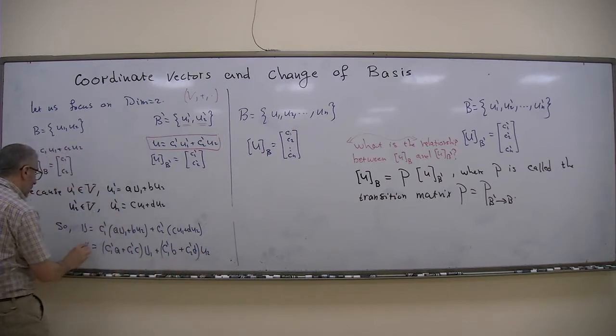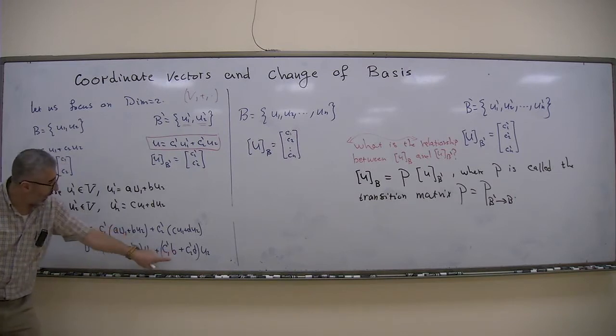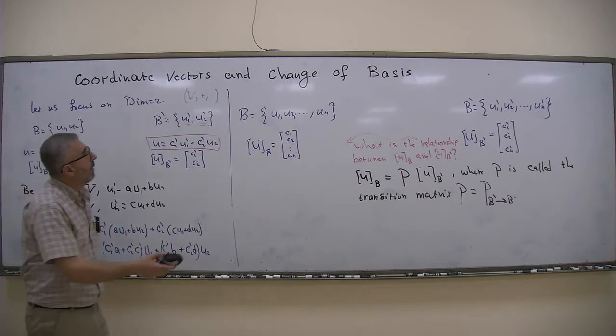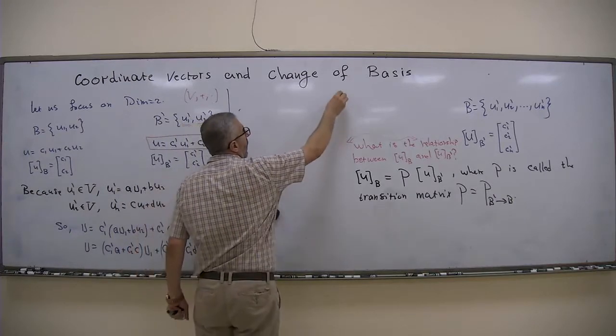So this is U. All right, now let's write the coordinate vector of U from here. So it's going to be this and this. Let me keep this for a while here.